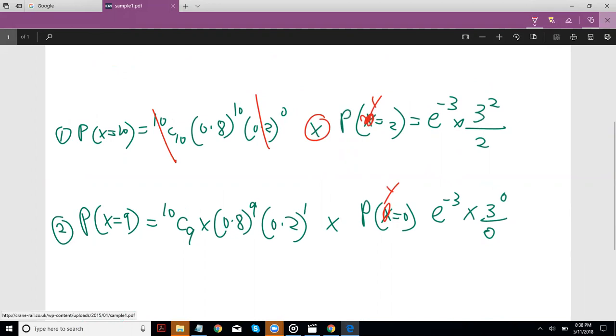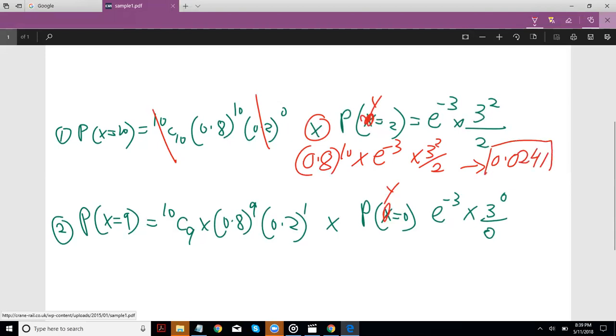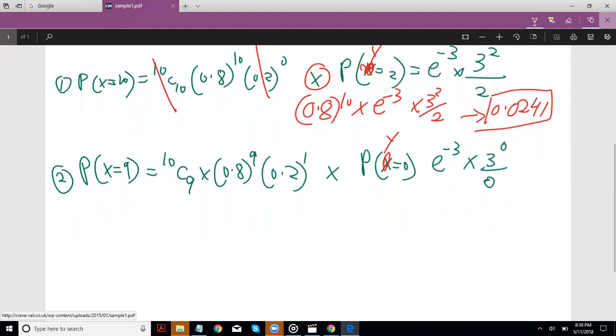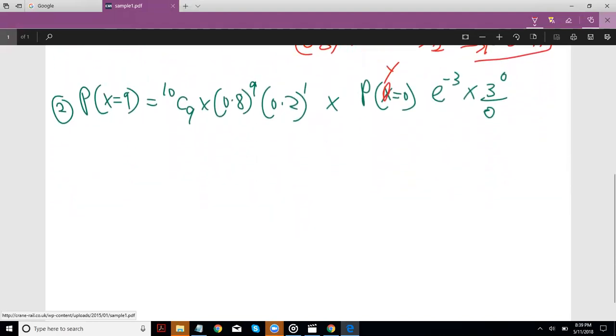Just put it into the Poisson formula given, which is also given in your MF9 table. So it will give you e to the power minus 3 times 3 squared over 2, which we can simplify to approximately 0.0241. This is the probability of combination 1.